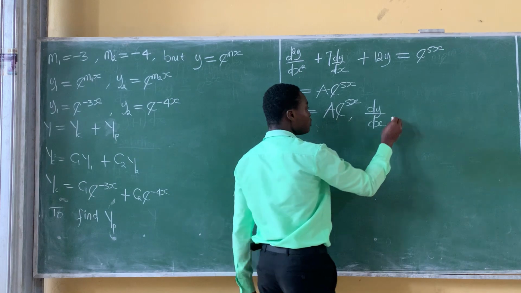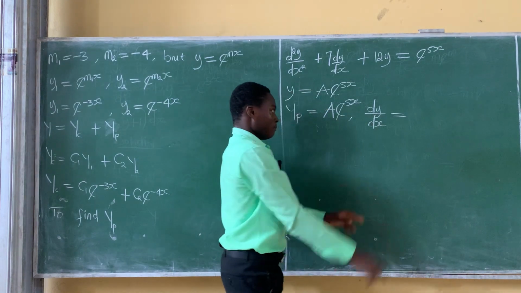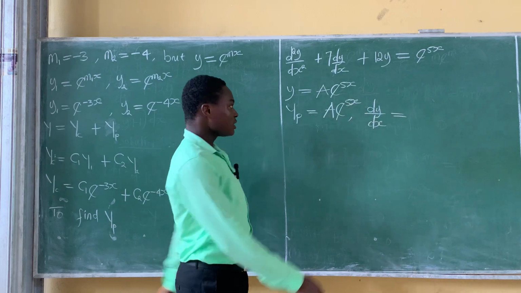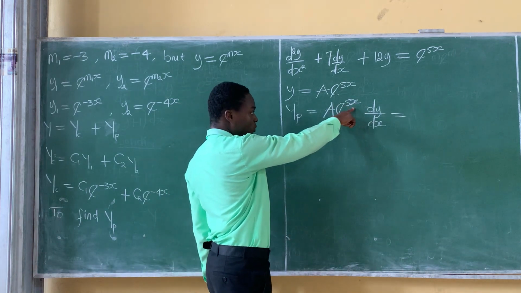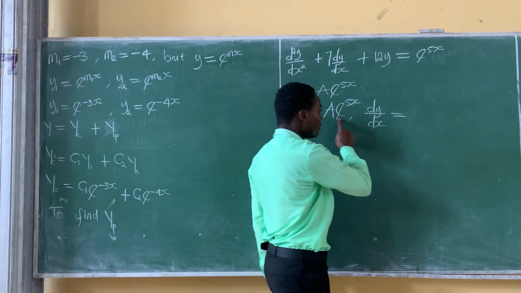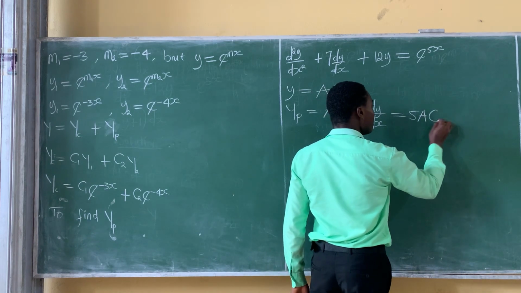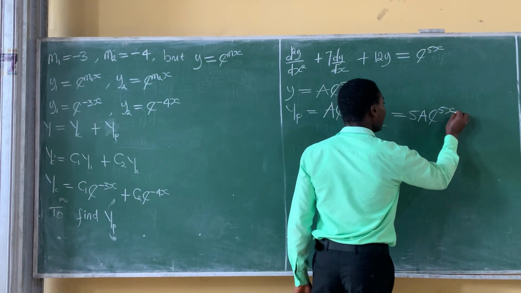So if you differentiate this, you have a is a constant and 5 is a constant. So we need to differentiate the index, which will give us 5, and multiply it by the function. So we have 5a exponential 5x.